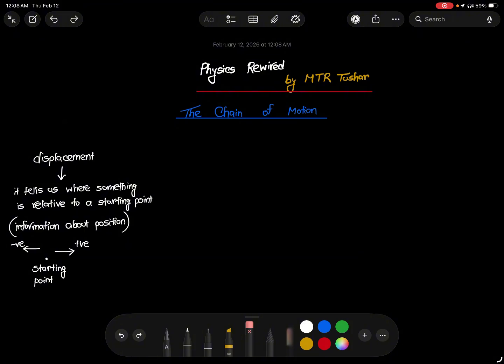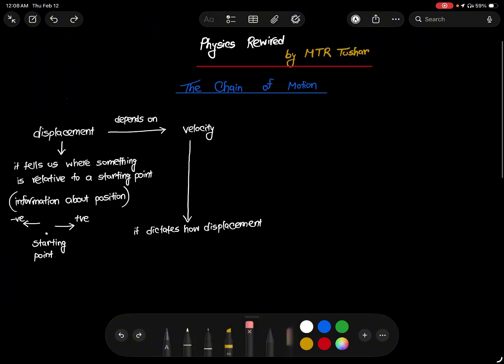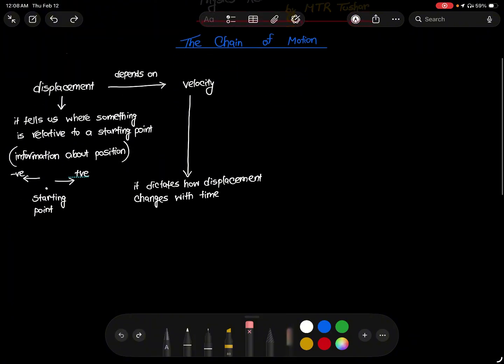Now, how is displacement related with velocity? Displacement depends on velocity. How is that? Because velocity dictates how displacement changes with time. The definition that we have learned a long time ago: velocity is the rate of change of displacement.